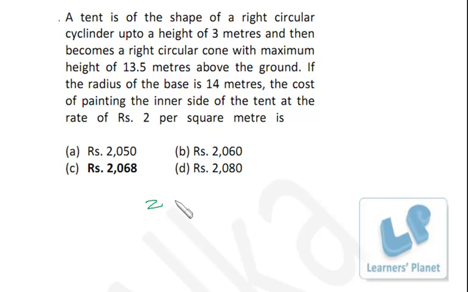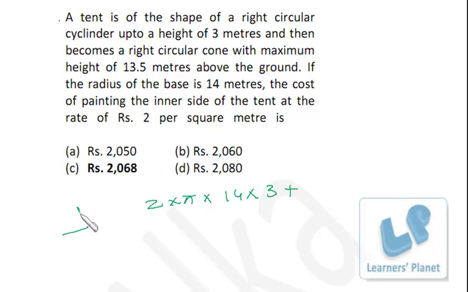So it is 2 into pi into r, the radius of the base, which is 14 meters, so r is 14, and h, the height of the cylinder, is 3, plus the curved surface area of this right circular cone, that is pi r l.